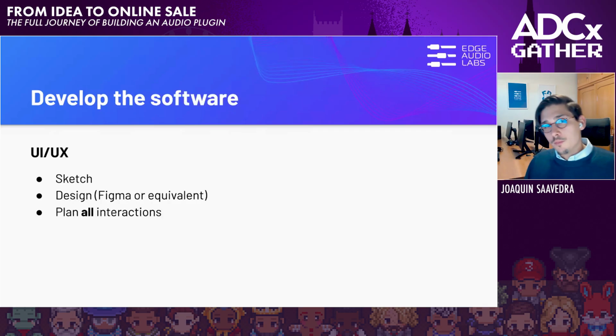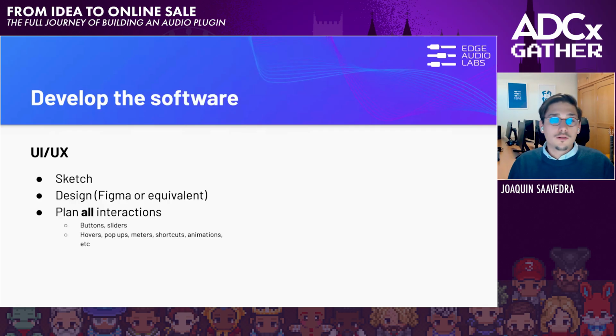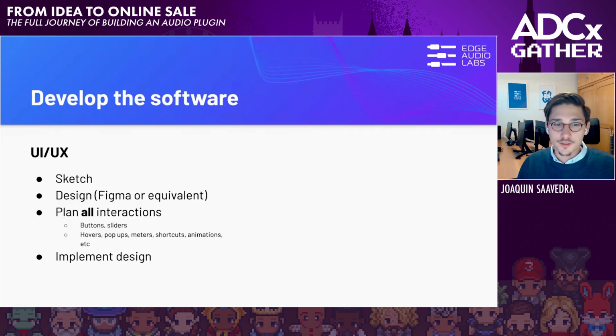And it's important for me, and a point that really happened to me a lot, that we need to plan all the interactions, not only the buttons and sliders, but also the hovers, pop-ups, meters, shortcuts, like the keyboard shortcuts. What happens if the user has the plugin open and we just start to press keys? Do we want something to happen? That has to be planned from scratch, and has to be agreed by all the team, animations and all other kinds of interactions. And then implement the design into code.